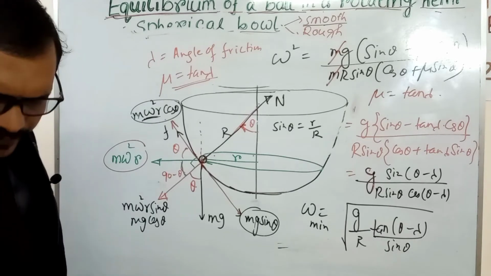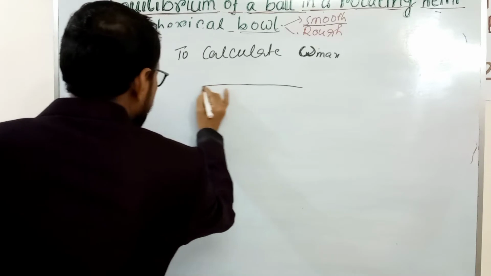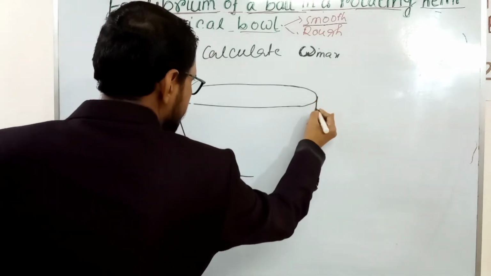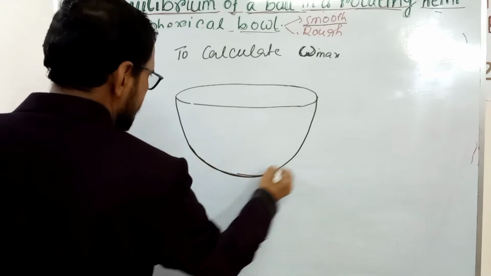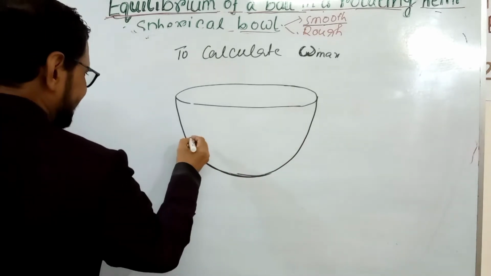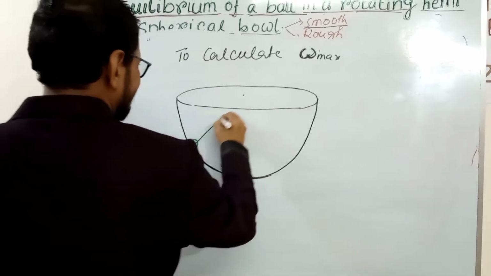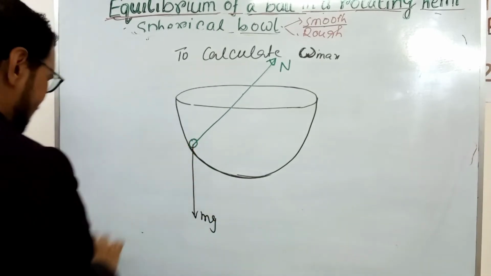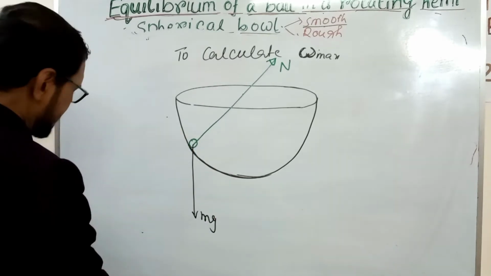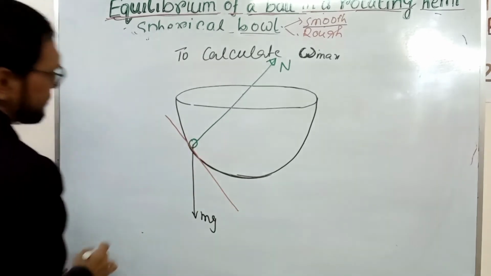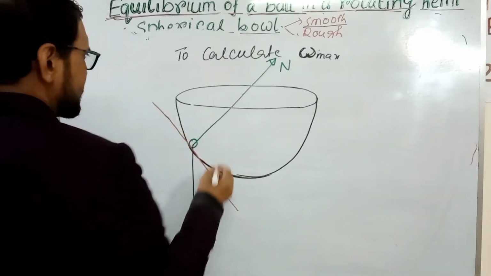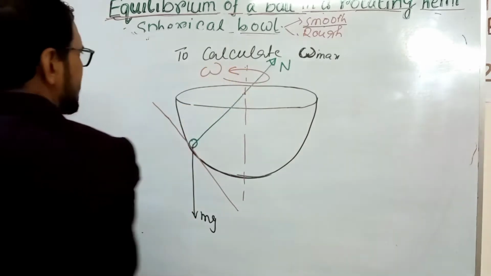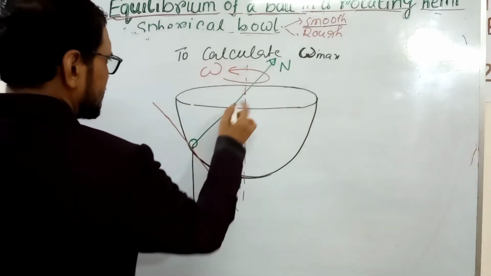So for maximum velocity, this is a hemispherical bowl. Now this angle theta is given.